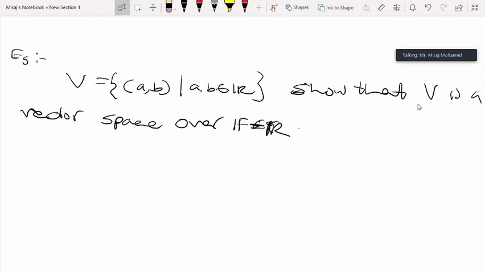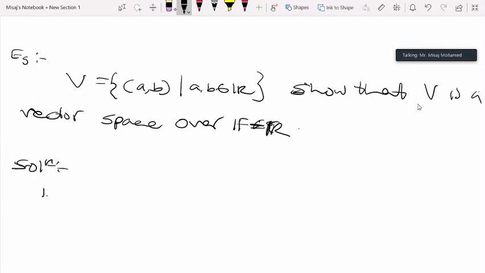How do we show it? Solution. One by one. What should the first condition be? If you take any two elements from V, their addition must be in V. Understand? Yes, sir. Right.